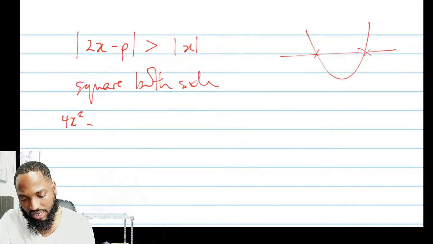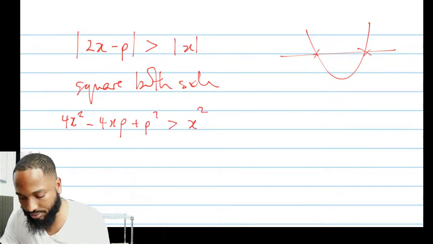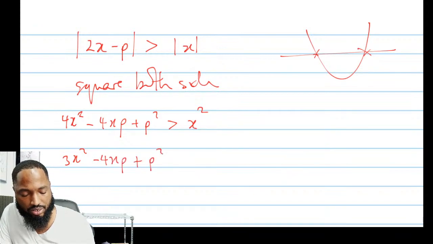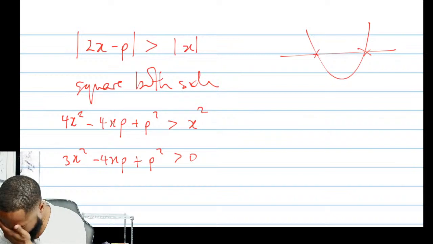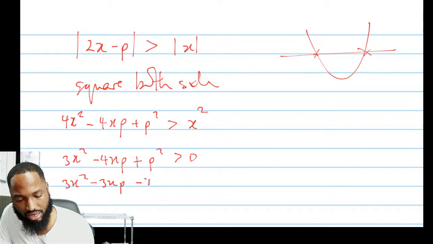Alright, minus 4xp plus p squared is greater than x squared. Bring this across: 3x squared minus 4xp plus p squared greater than 0. So 3x squared minus 3xp minus xp plus p squared is greater than 0.